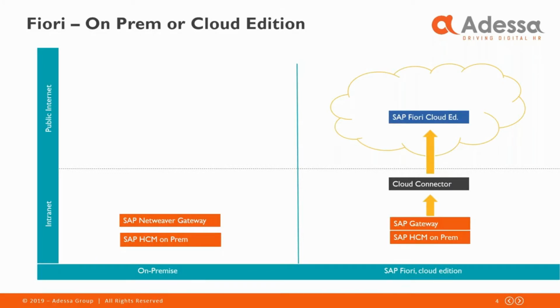In order to use Fiori applications, there are two possibilities regarding the SAP system landscape. You can either use it on-premise. In such a case, you would require a backend and a front-end system.